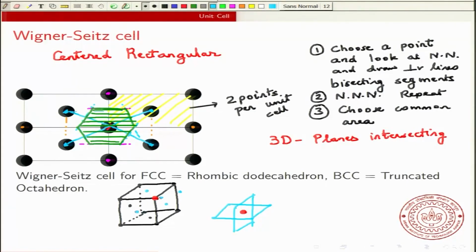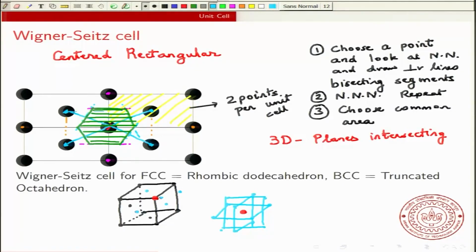And you will have 4 more in the third plane that is perpendicular to these two. That will be the plane of this paper. So you will have 4 in this direction. So you will have a total of 12 nearest neighbors. And you are aware that the coordination number of FCC is 12. So these are the remaining 4.